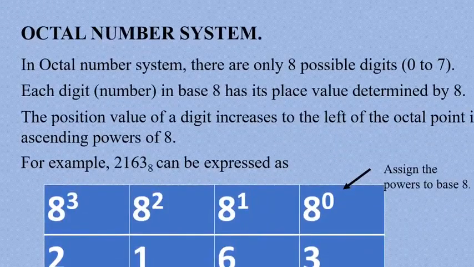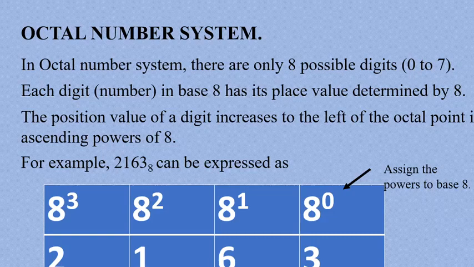Then we have the octal. Octal means 8. Octal number system. In octal number system, there are only 8 possible digits, 0 to 7. Each digit or number is in base 8, and has its place value determined by 8.